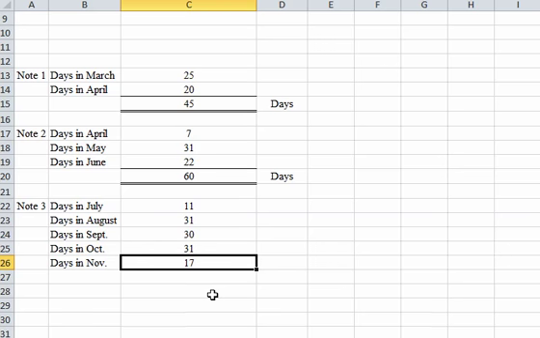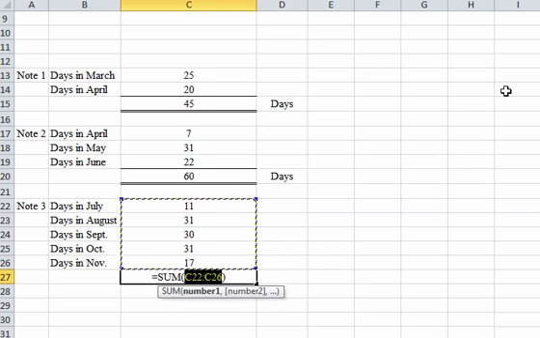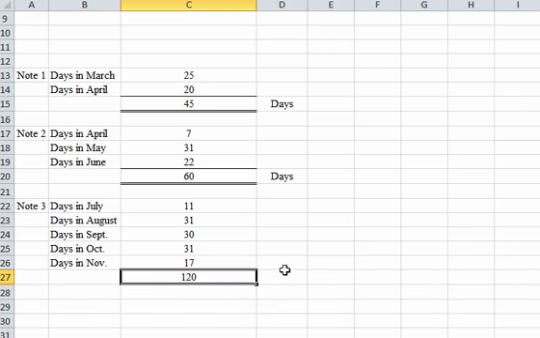So that gives us 17 days in November. Now that should sum, and I'm using the sigma auto sum function here, to 120 days. So our due date would be November 17th for note 3.